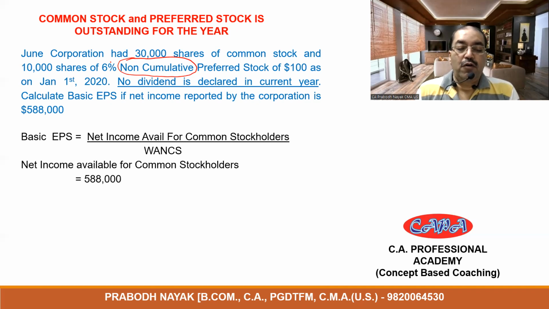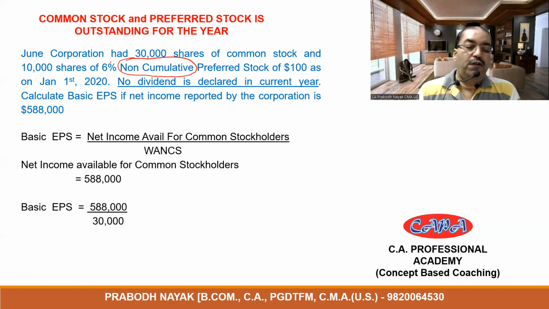Net income available for common stockholders is $588,000. Basic EPS is $588,000 divided by 30,000 shares. I'll get the answer as $19.6.